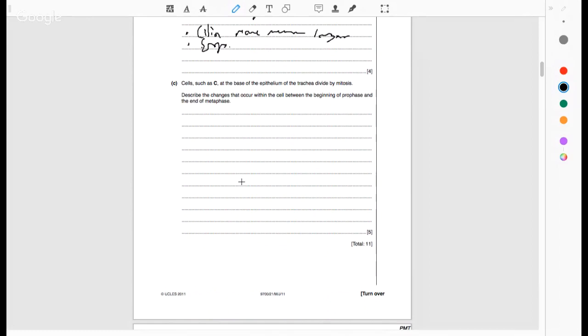So in the daughter cells, one way that they can make them more diverse than the mother cell is by randomly arranging the chromosomes. And that means that when they're split, there can be a slightly different complement in the daughter cell compared to the mother cell.